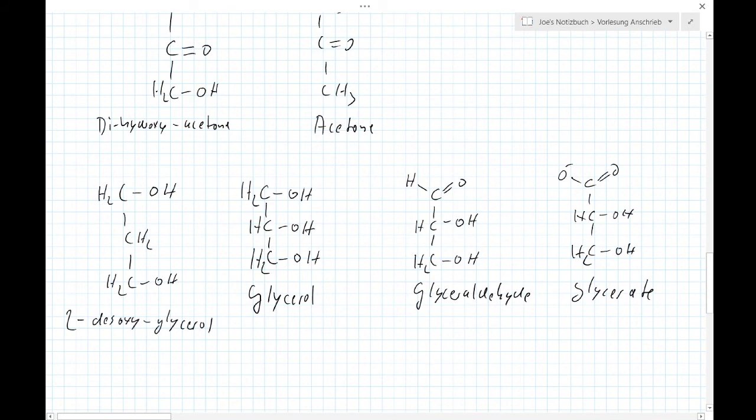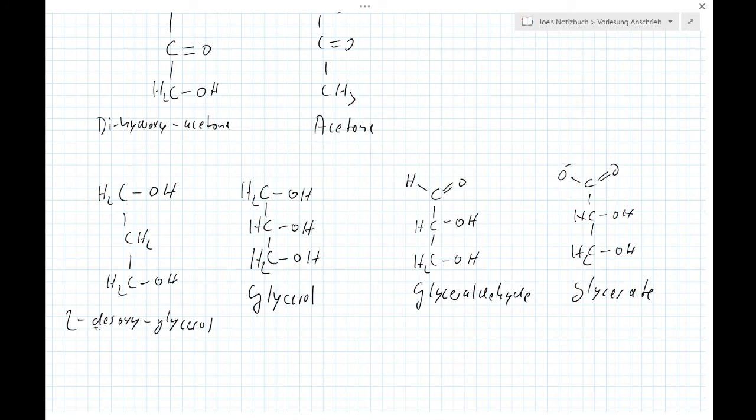A molecule which is named desoxy just means that at this position I have removed an oxygen. If you know that glycerol has three hydroxyl groups at all positions, then desoxy just means that I removed it at the C2. In this case, it is very simple. The numbering goes from both directions. It's the same.